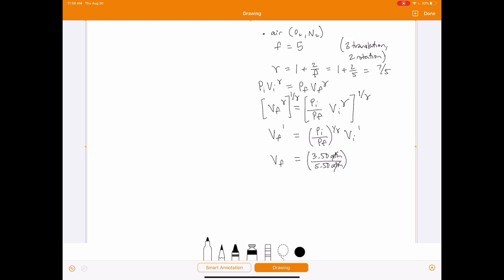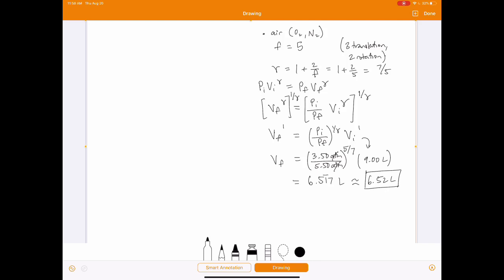So the inverse of 7 over 5 is 5 over 7. And then we have our initial volume over here. What was that? That was 9 liters. So our final volume after the gas has been compressed is 6.517 liters, or about 6.52 liters.